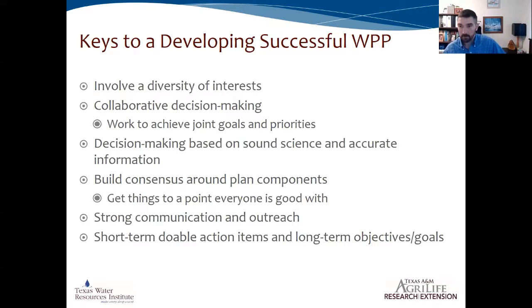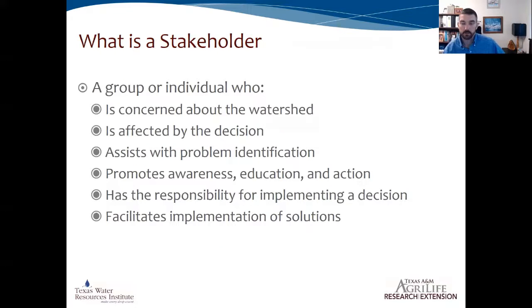We also want to make sure these goals and objectives are communicated well, so people understand what's going on and why. And then come up with some things that can be done pretty quickly. I know a lot of times through these planning processes, people say, I'm tired of planning, let's actually go do something. That's one of the primary goals of these plans: to identify things that can be done relatively quickly to get things rolling.